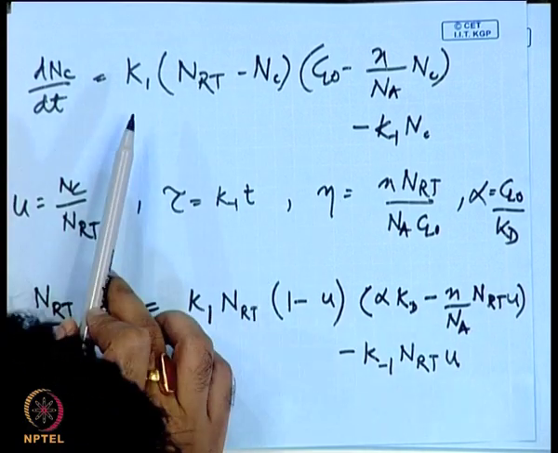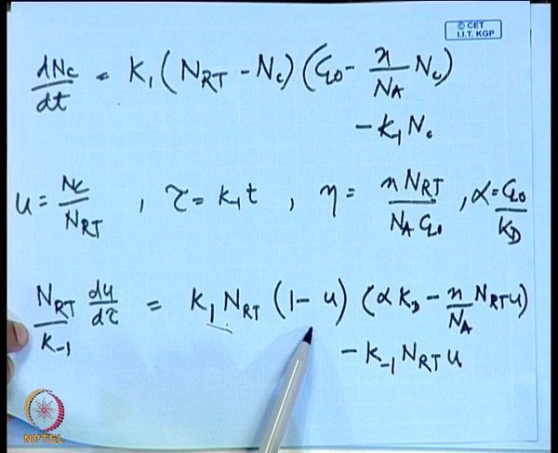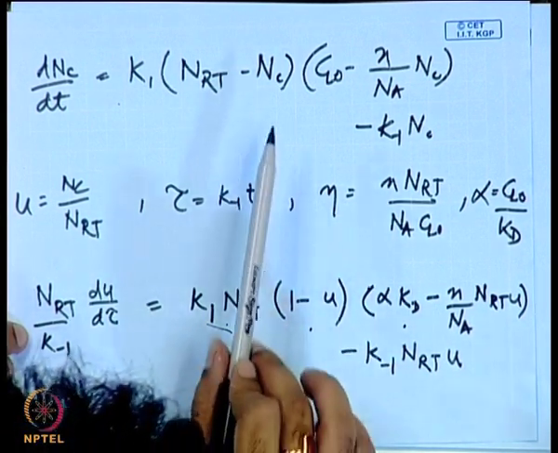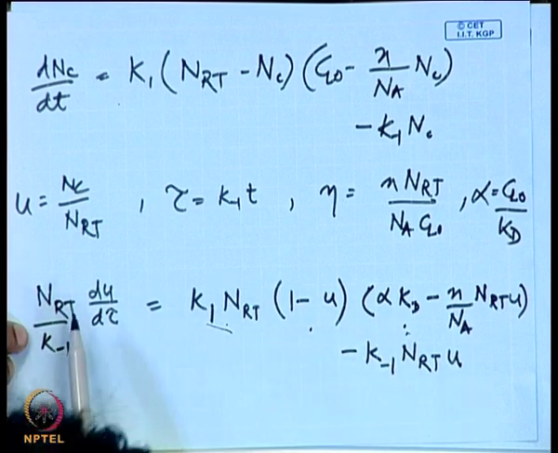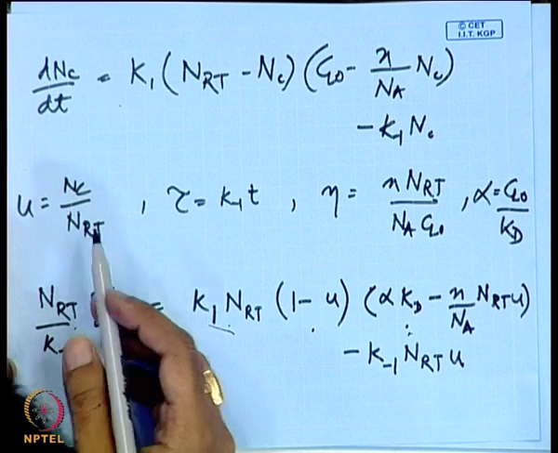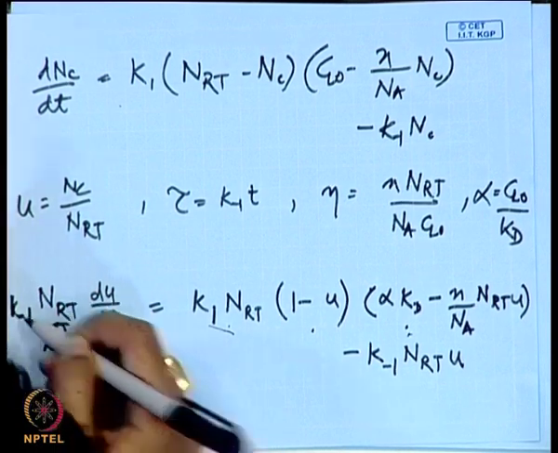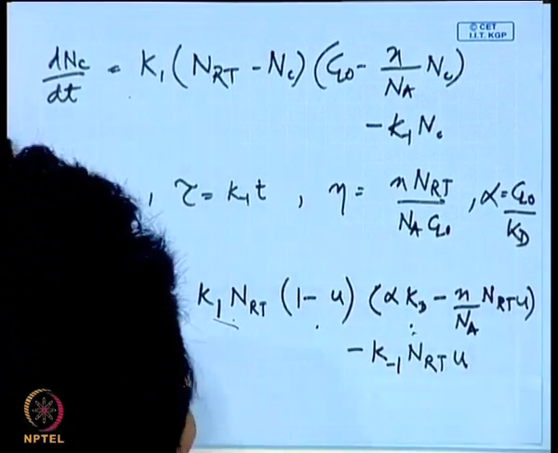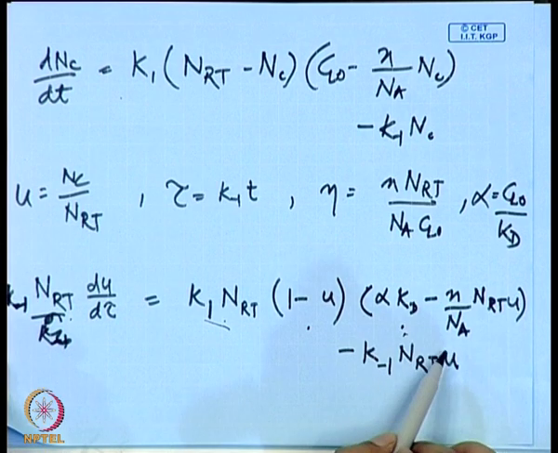Let me check. So you have K1 nRT. Is this right, or is there some term missing here? Into K minus 1. Okay, yeah, that's why it will come in the denominator, and then you will have Kd over here from that. And this is correct, right?